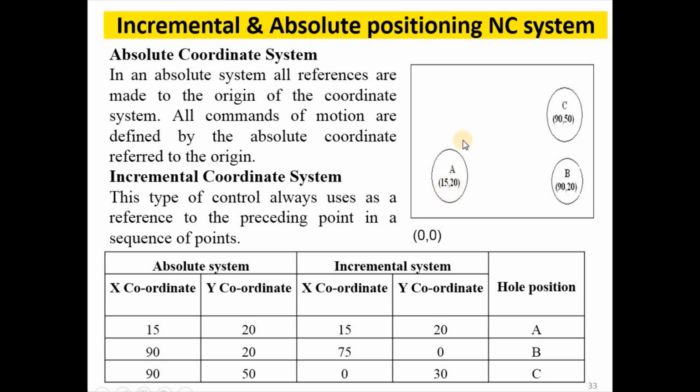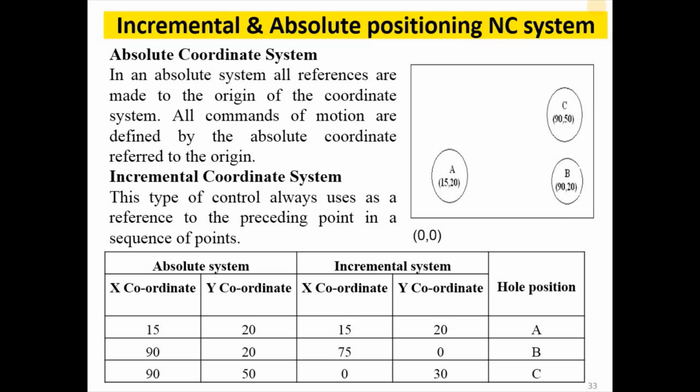When the first hole drilling is complete, following the absolute coordinate system, I have to return to the origin position, that is 0, 0. Then if we want to create the second hole, B, I start the coordinates from 0, 0 itself, so I have to enter 90, 20 only.